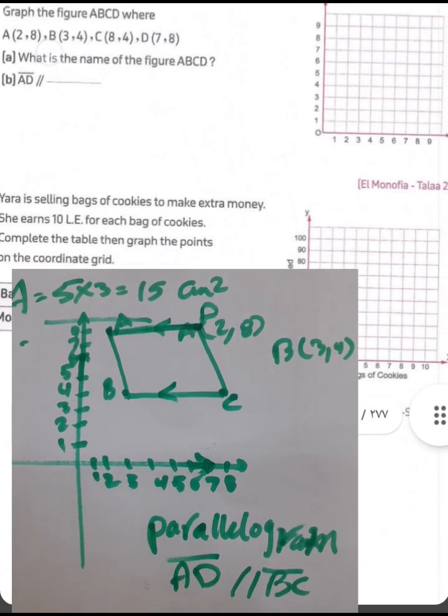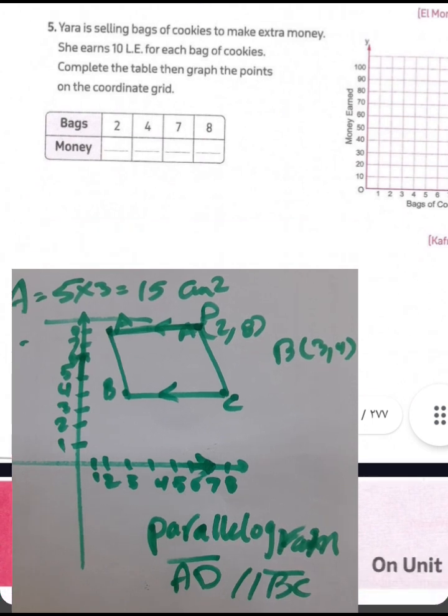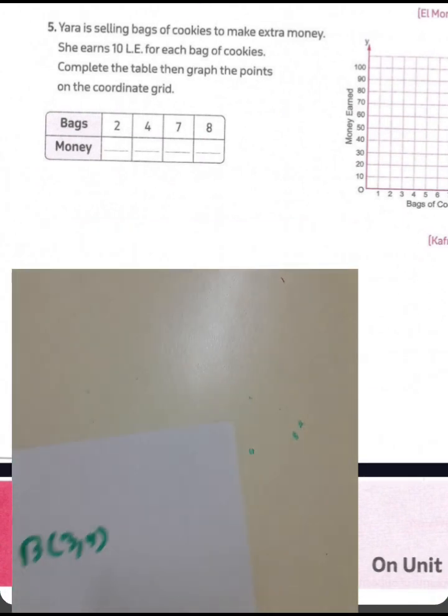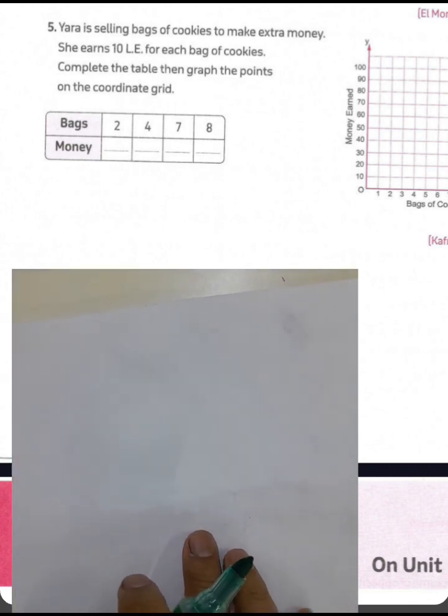Next question. We want to solve question number 5. Yara is selling bags of cookies to make extra money. She earns 10 Egyptian pounds for each bag of cookies. Complete the table, then graph the points on the coordinate graph.